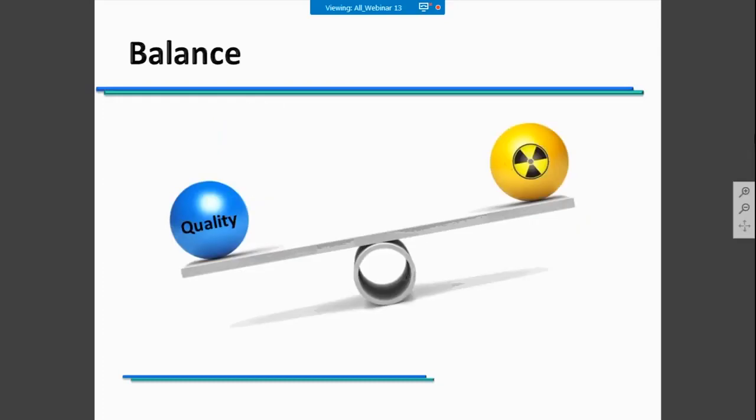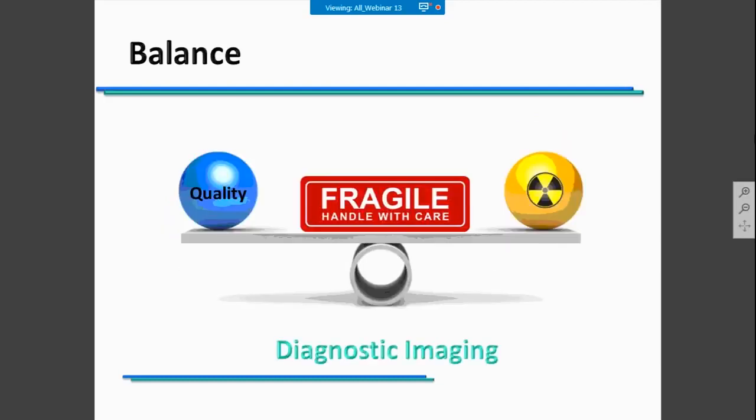And if you balance toward lower quality, you may miss a diagnosis. So it's important to balance, and you have to handle it with care. For each examination, you have to think how to balance between dose and image quality, because you are looking for the image that allows you the diagnosis.